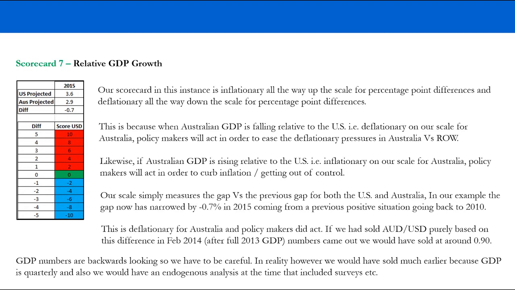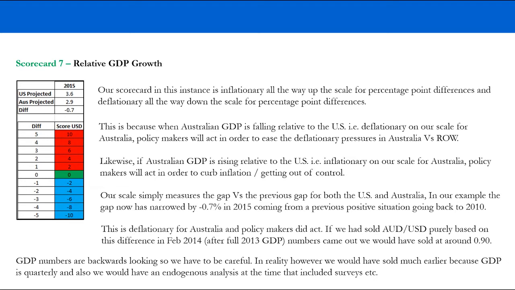Because GDP numbers are quarterly, and we would have also had our endogenous analysis at the time, which would have included all of our leading and coincident indicators. So our leading indicators like surveys. When you build out your endogenous analysis, you're going to start looking at things like the Australian PMI, which is the Purchasing Managers Index for Australia.